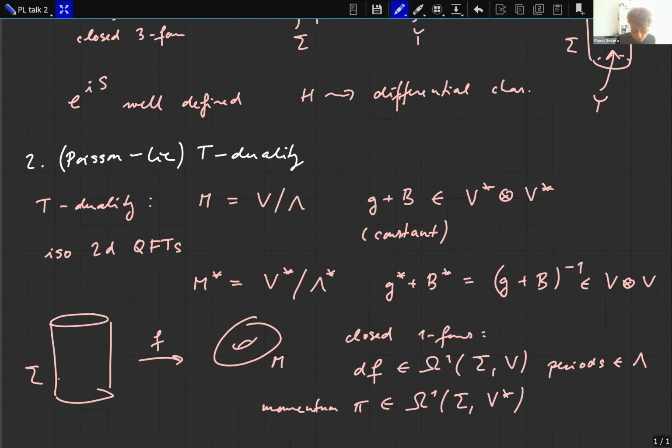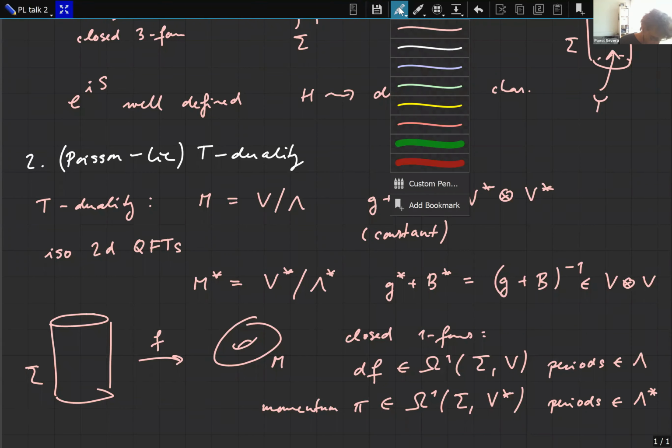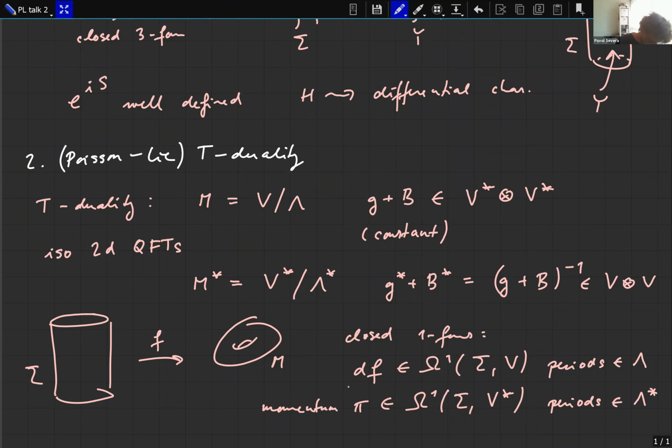But quantum mechanically, there would be a quantization of those momenta because it comes from the action of the torus M. That's a compact group, and so we know what the one-dimensional representations look like. So quantum mechanically, periods will be in lambda star. And so what does T-duality do? It simply switches these two things.